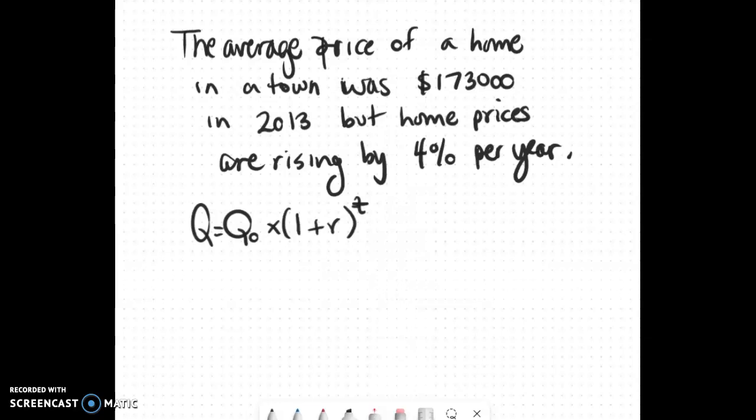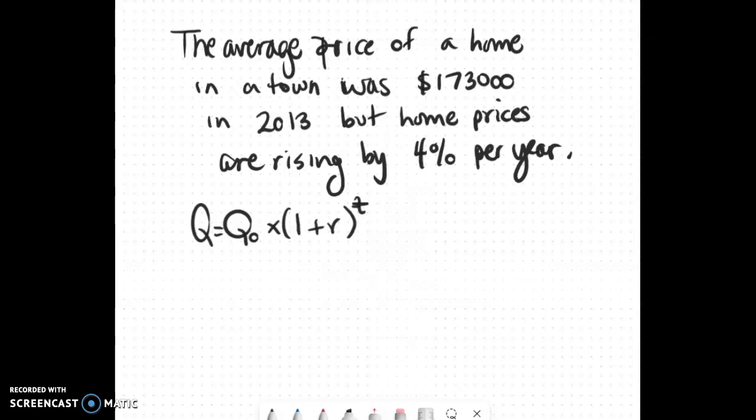Because you'll have problems that will say, is this a linear function? Is this an exponential function? Or maybe a few sentences. You're going to see some sentences on an upcoming exam that say, determine which of these represents an exponential situation. Determine which of these represents a linear situation.